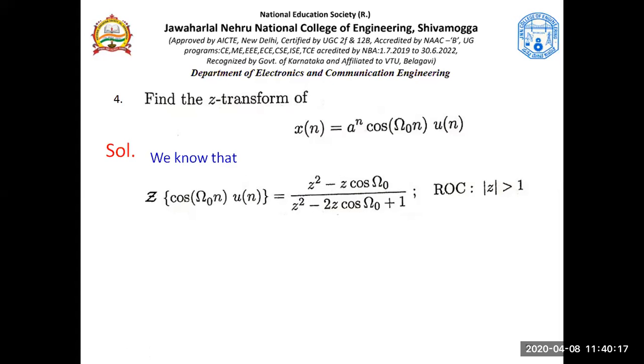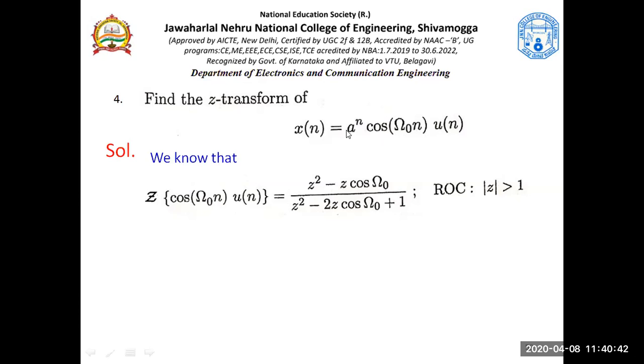If you have solved the assignment, you would know how this appears, or I've given you the answers also. If you have not done it, see that you do it. So this is how the Z transform of cos omega naught n u of n was obtained. Now to this signal, we have multiplied an exponential.